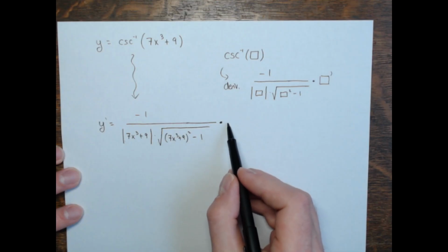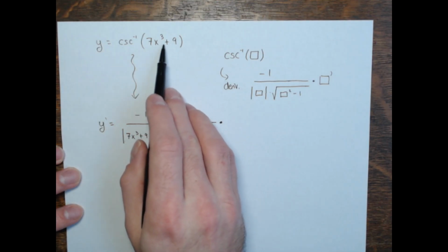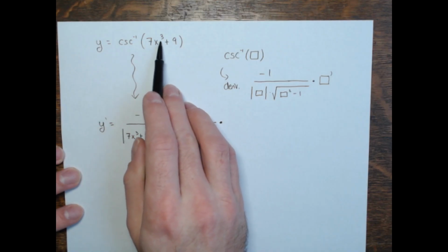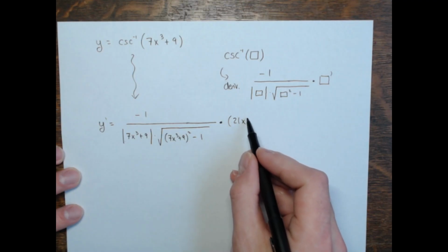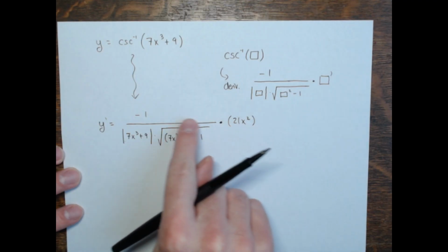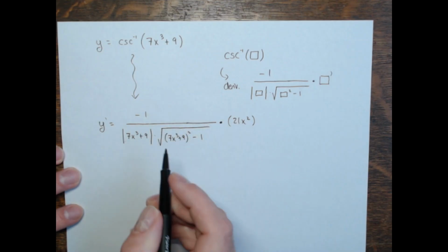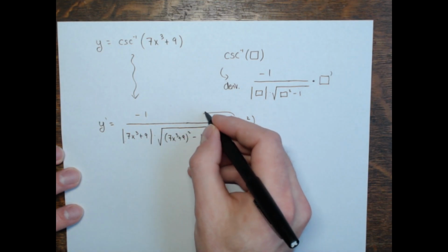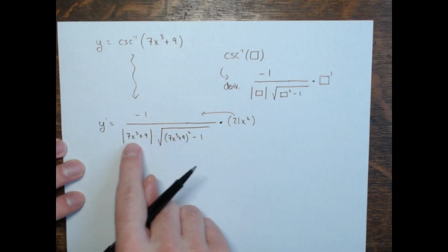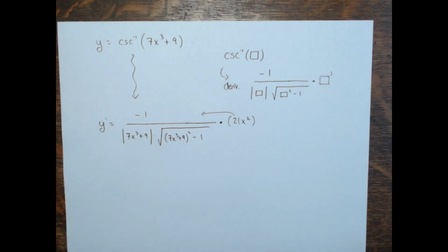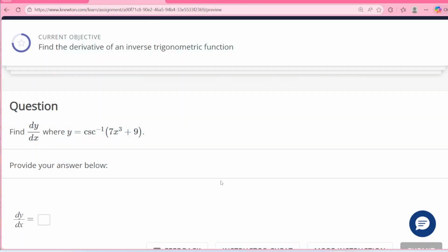And then after all that, times the derivative of 7x cubed plus 9, which as a polynomial would just be 21x squared. And I'm just going to throw that in the numerator, right? Negative 1 times 21x squared. So I'm just going to type out negative 21x squared over all this, and that should be it for our derivative function.